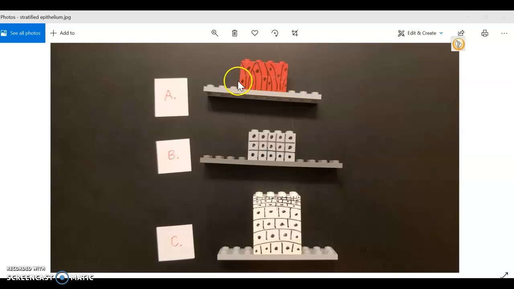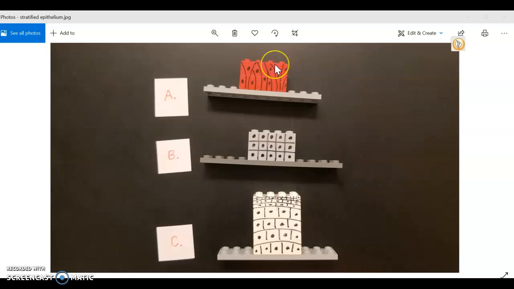But upon closer examination, all of these are connected to that basement membrane. They don't all reach the apical surface, but they're all connected to the basement membrane. So this is what we call pseudostratified. And a couple of things with pseudostratified, as you're going to see with this lab, is that they're going to have 2 components that most of the others don't.